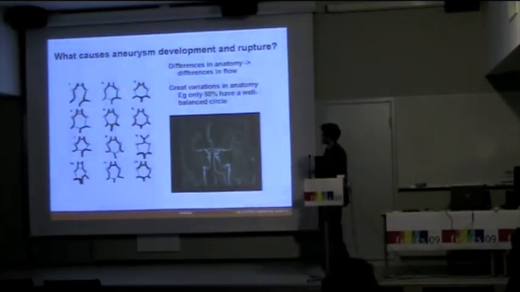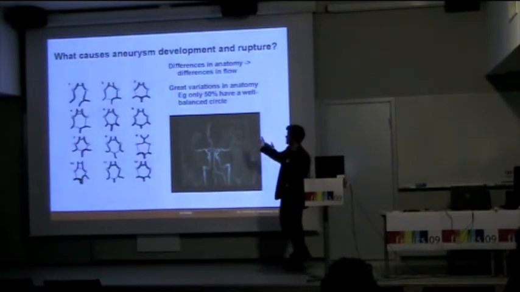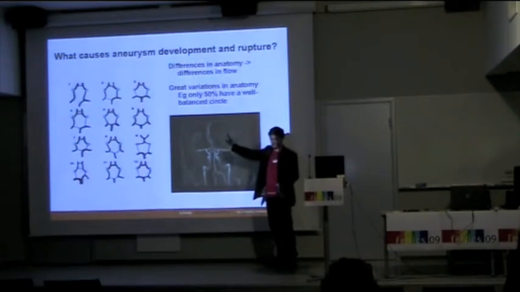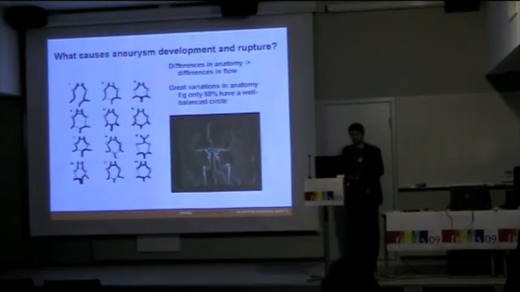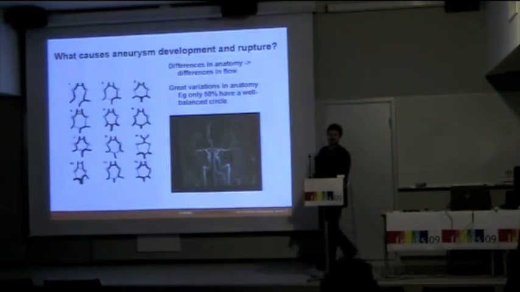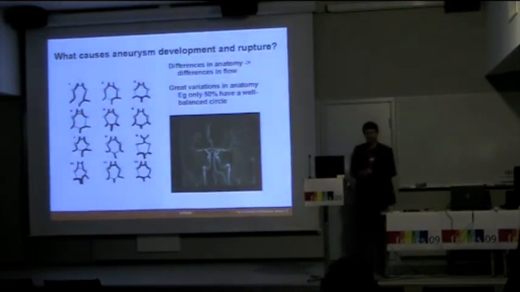And of course, we think then that these variations will set up a different flow pattern in each of the circles that will lead to a different stress acting on the vessel wall. So from our perspective, this hypothesis that the surgeons have come up with sounds perfectly reasonable to try to attack this problem from our point of view.